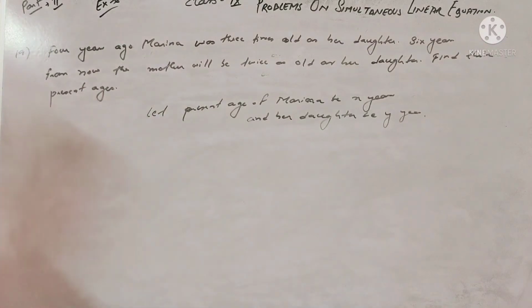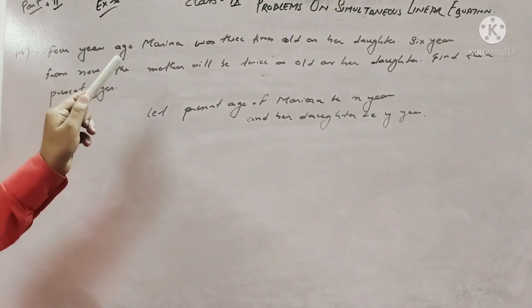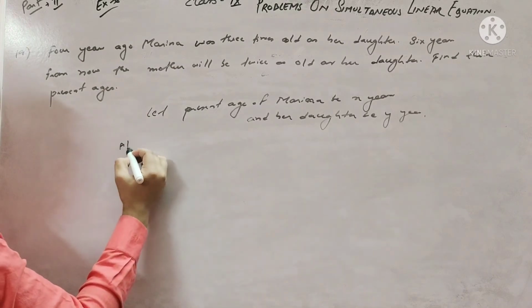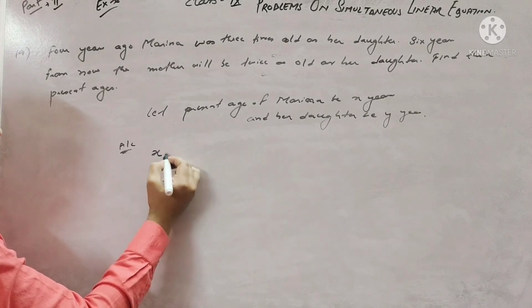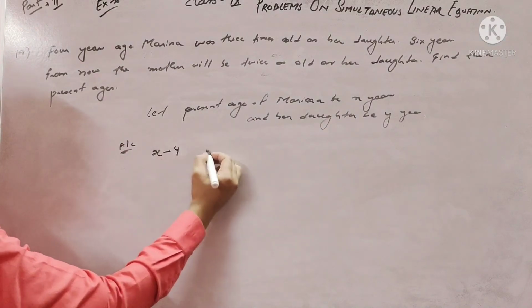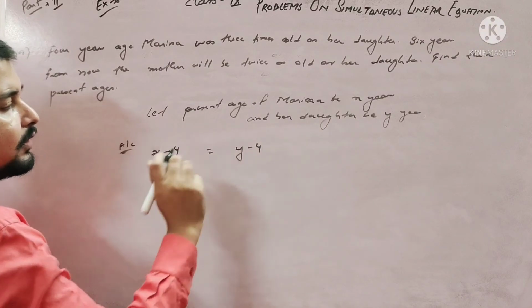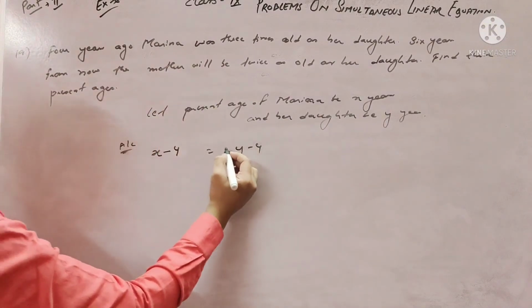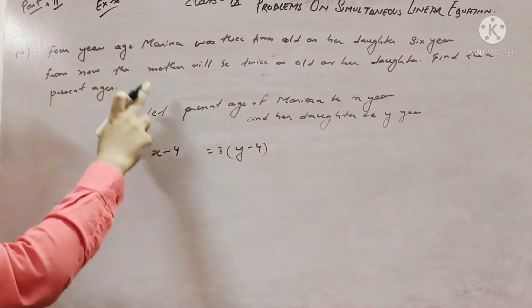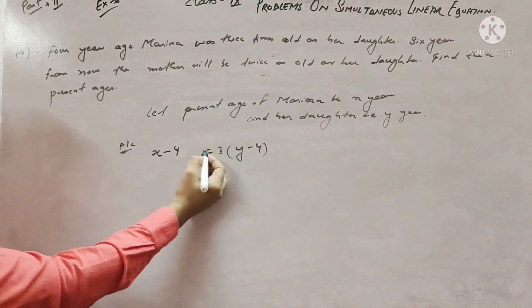According to the question, 4 years ago Marina is 4 years less and her daughter is also 4 years less, and the daughter's age is multiplied by 3 to get equal.